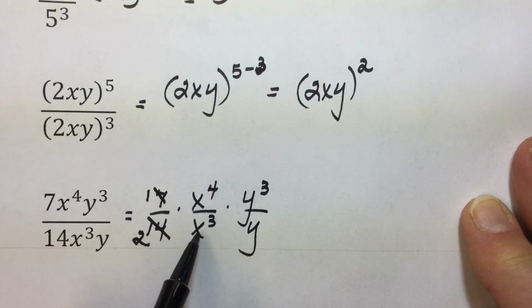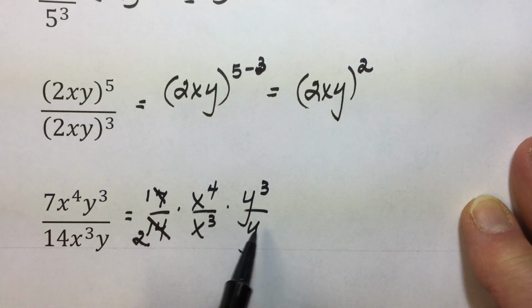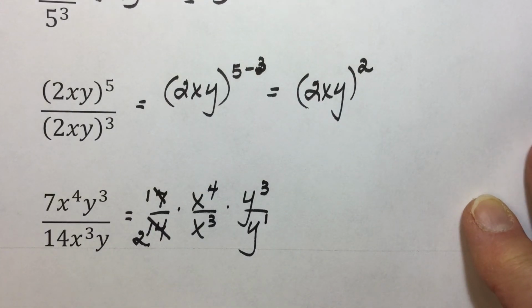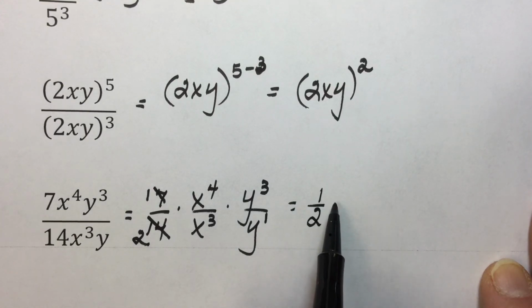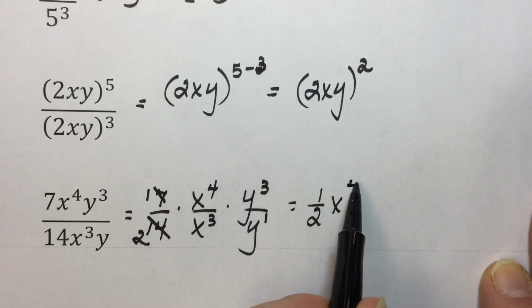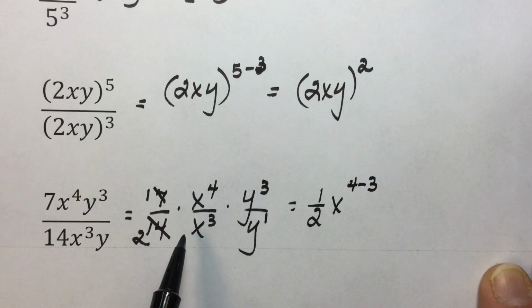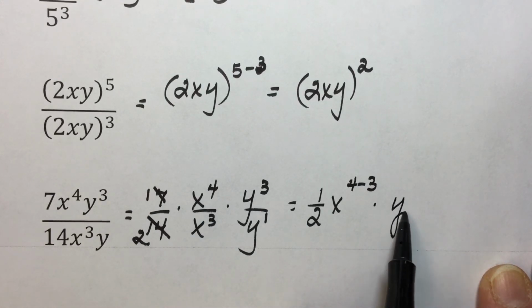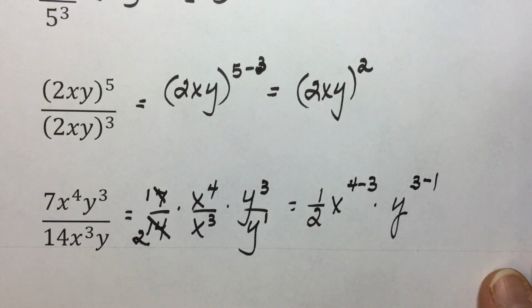We have our common bases where we can subtract our exponents, which, if it helps, we can put the implied exponential power on y, which is y to the first power, which leaves us with 1/2 x to the difference of those exponents, since it is in a division problem, times y to the numerator exponent minus the denominator exponent.